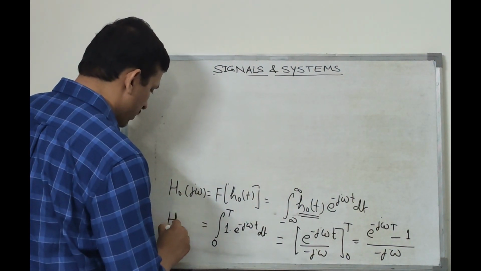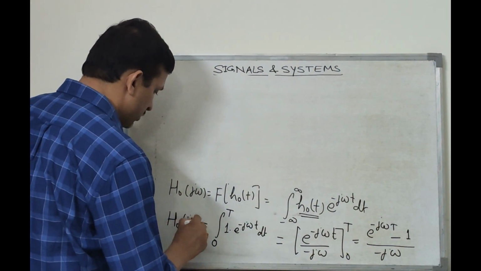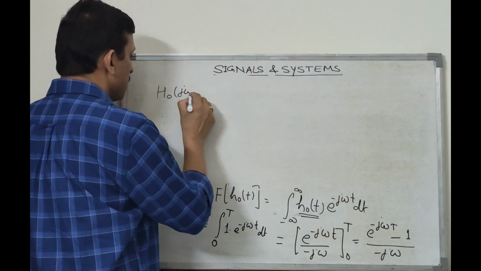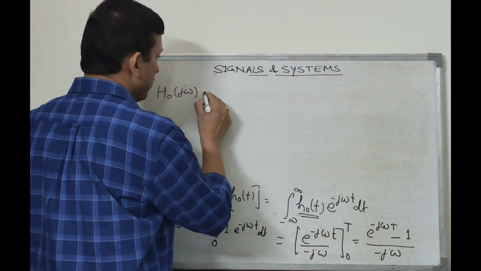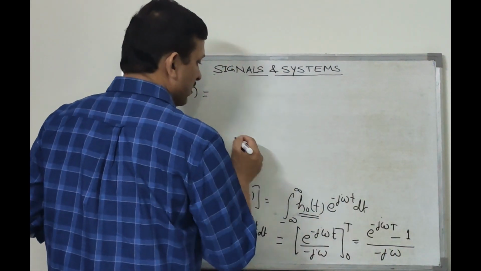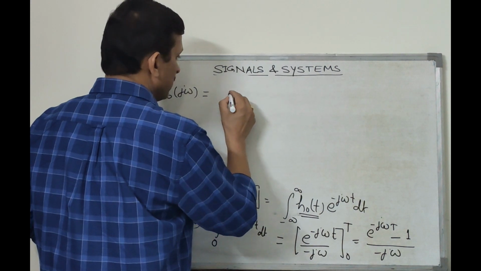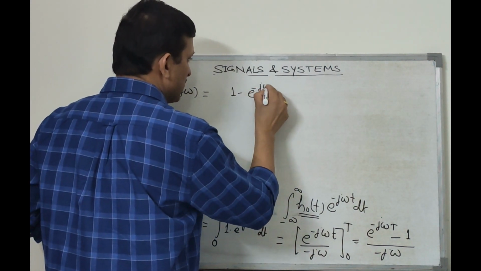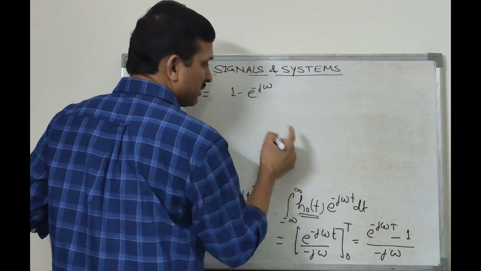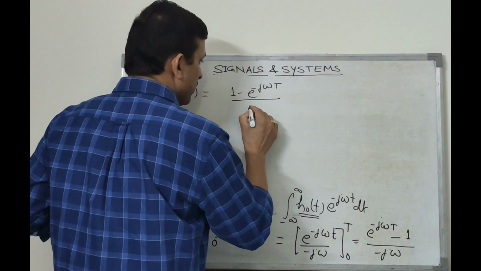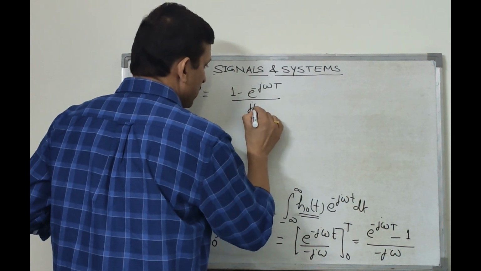This is our H0(j omega), and taking the minus sign inside, that will be 1 minus e to the power minus j omega T, divided by j omega.